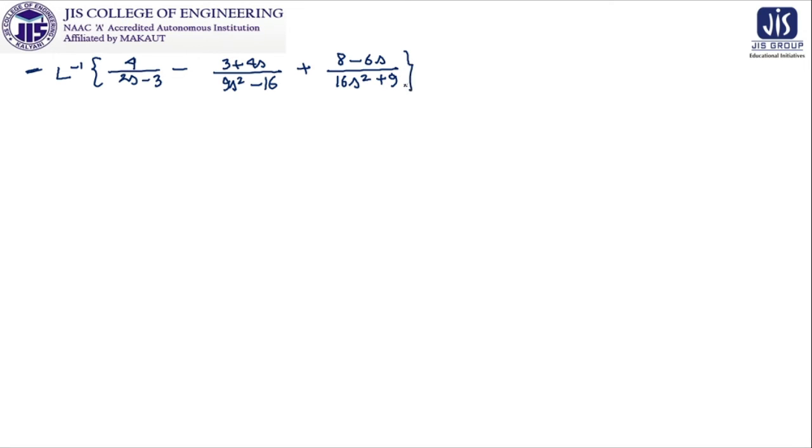Suppose we have to find the Laplace inverse of (4 by 2s minus 3) minus ((3 plus 4s) by (9s square minus 16)) plus ((8 minus 6s) by (16s square plus 9)), second bracket closed.